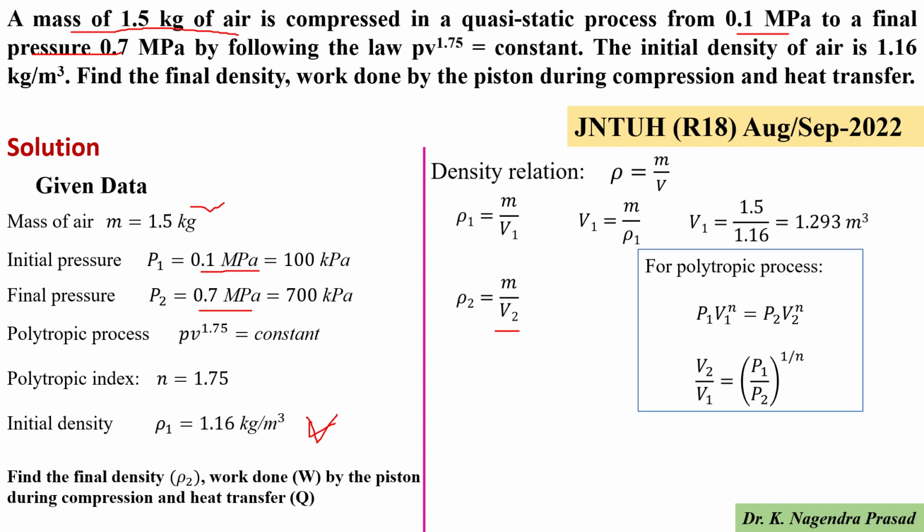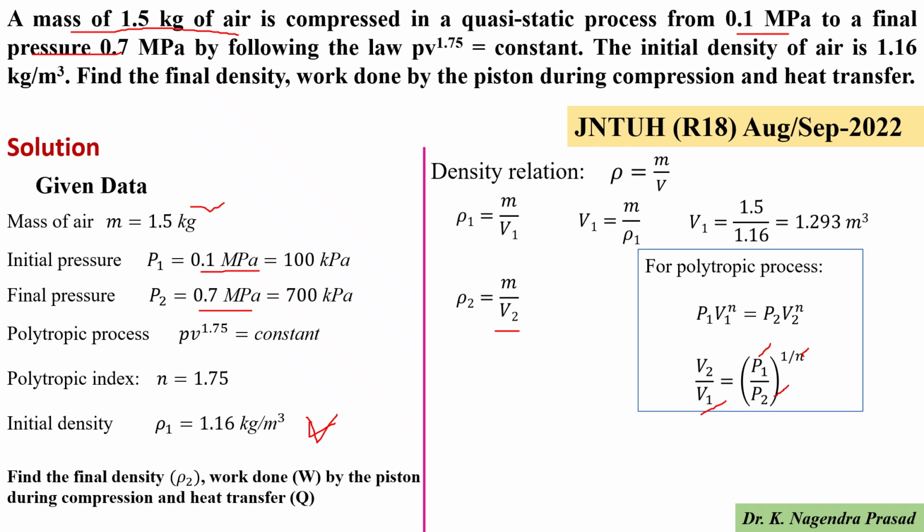For this one I have to use the polytropic process law, that is PV to the power n equal to constant, then P1 V1 to the n equal to P2 V2 to the n. From this relation we can write V2 by V1 equal to P1 by P2 whole to the power 1 by n. Here we have to determine the V2 value. We know V1, P1 and P2, and the n value also.